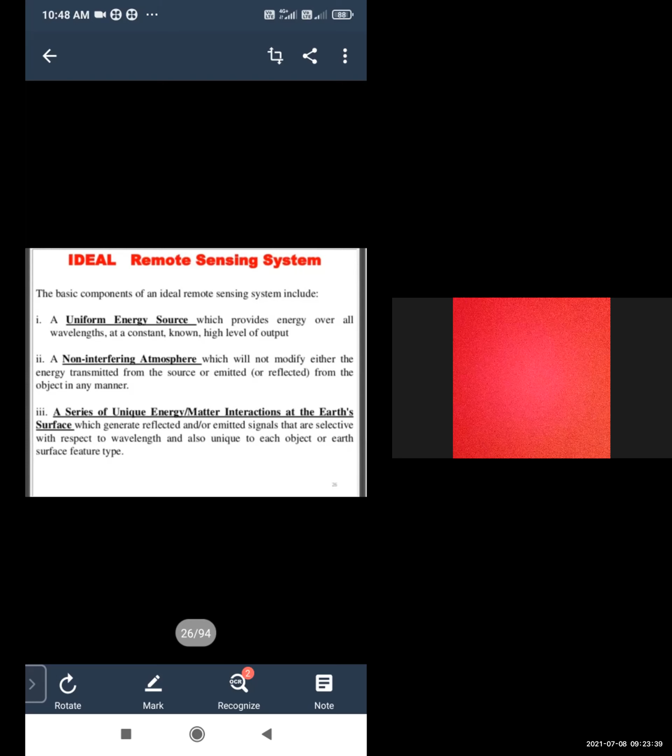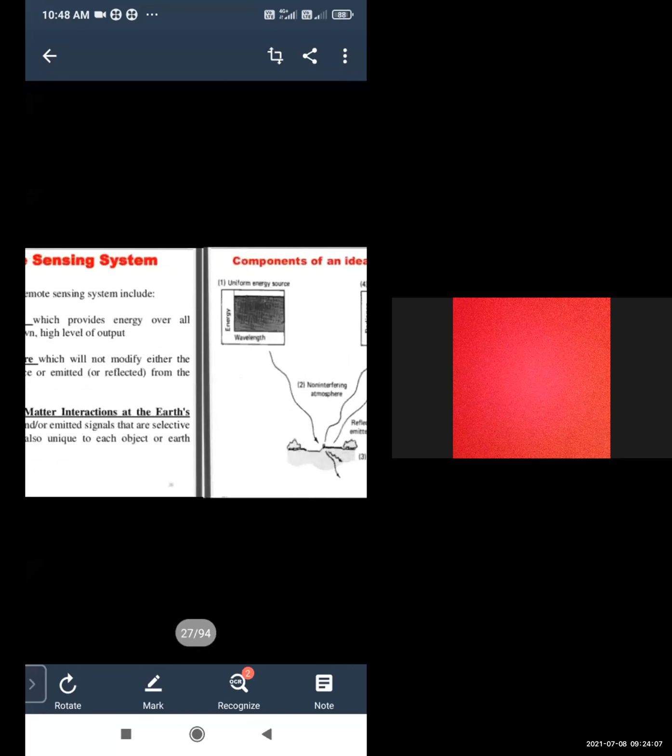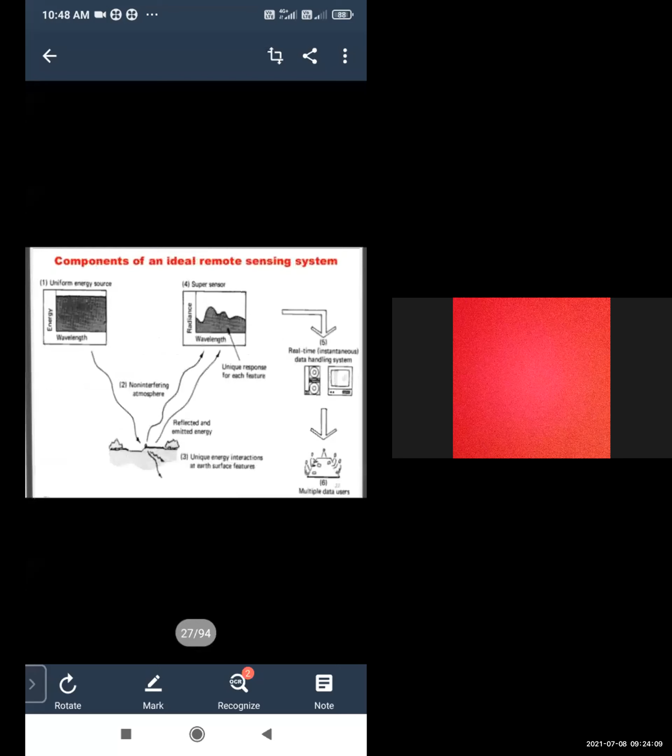The third ideal condition is a series of unique energy and matter interactions at Earth's surface, which generate reflected and or emitted signals that are selective with respect to wavelength and also unique to each object or Earth's surface feature type. So these are the ideal conditions for a remote sensing system.